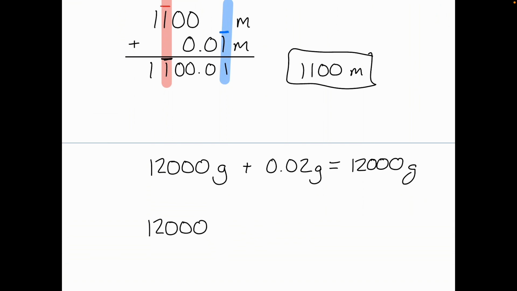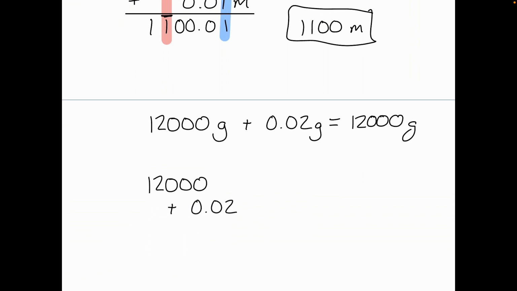We're going to line them up at the decimal. We can mark our sig fig in each of our inputs. And the position that's further to the left is still, in this case, that thousands place. So that's where my answer is going to be rounded to.